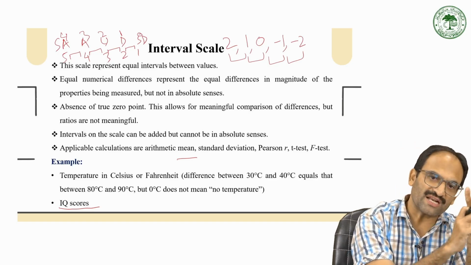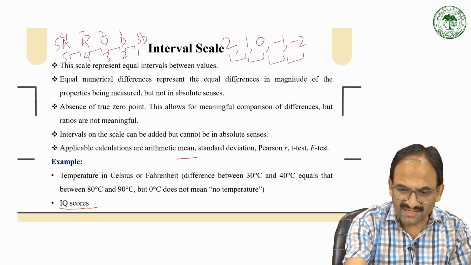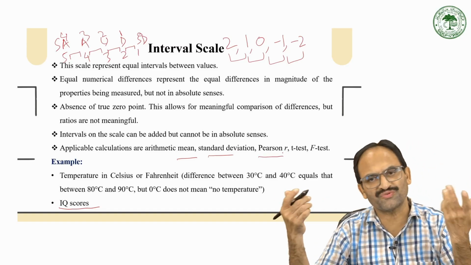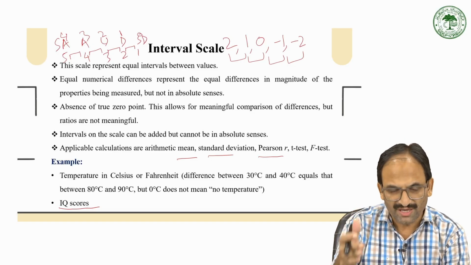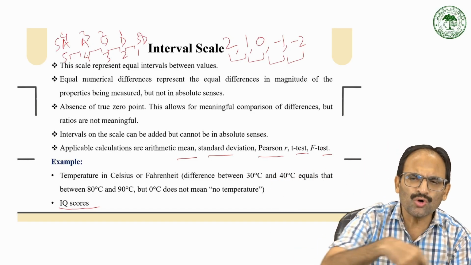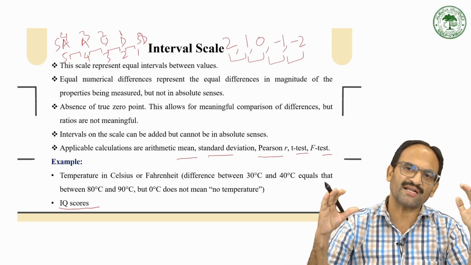But if you have collected the data on interval scale, it is better to use mean. And similarly, standard deviation, Pearson's coefficient of correlation. And what is Pearson's coefficient of correlation? You will be taught later on. T-test, F-test, so many tests you might use if you are using the interval scale.